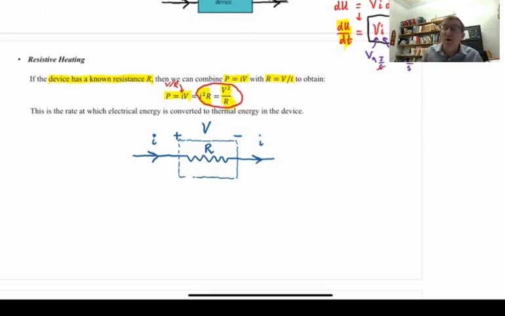And resistors always take energy from the current. They never give energy to the current. Okay? They always take energy from the current and convert it into thermal energy.